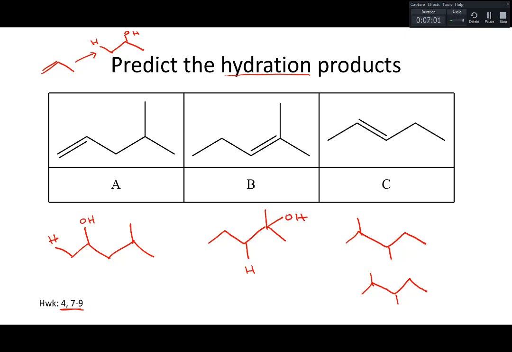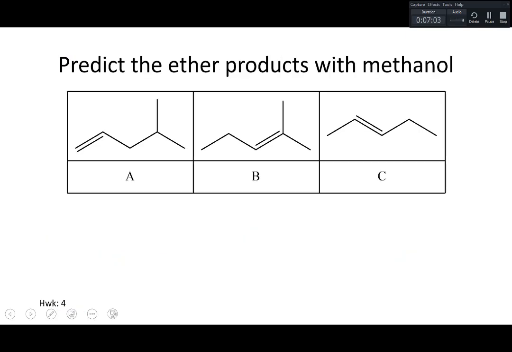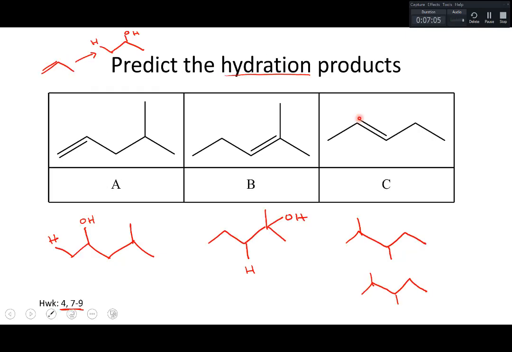And on molecule C, they're both secondary. So the result is there'll be two products of about equal concentration in the end. One product will have the H here and the OH here, and the other one will have the H here and the OH here. Okay, so it's not always the case that you get a single product in these problems.